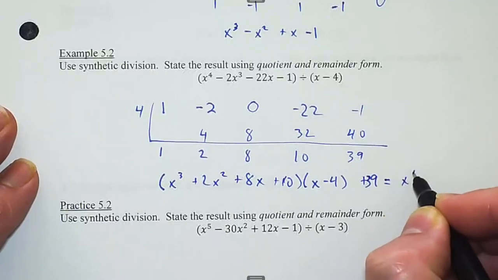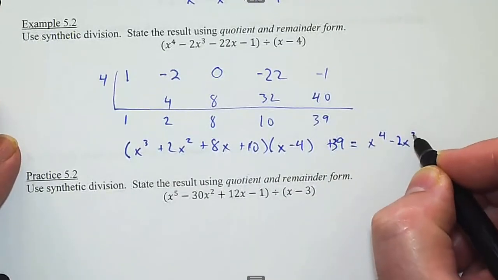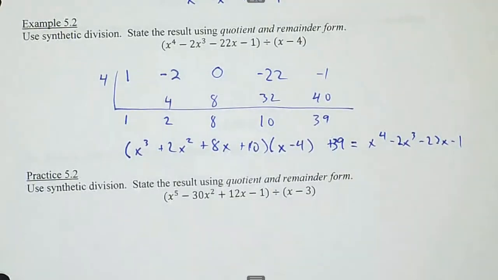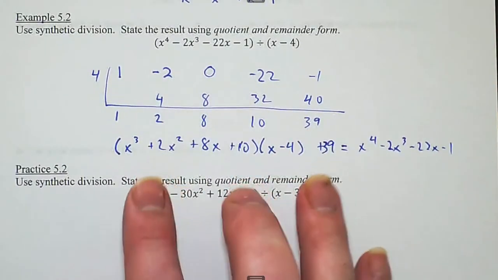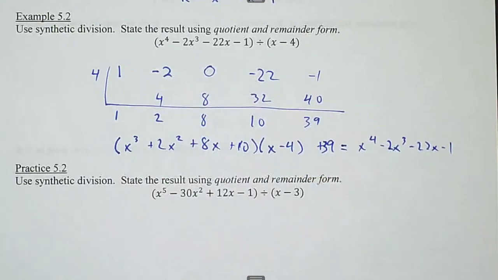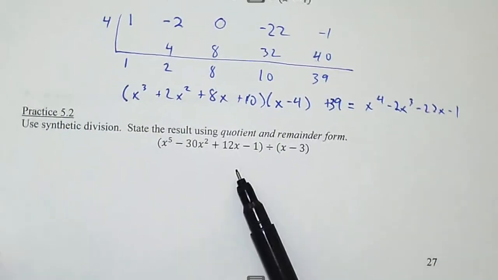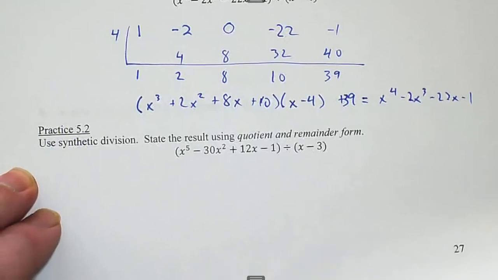That is what is equal to x to the fourth minus 2x cubed minus 22x minus 1. So that's an unusual way to say the answer to a division problem. Usually you would just say the quotient plus the remainder over the divisor, but I just want you to see that. So you have a practice problem here to do like that. I'm going to ask that you do that on your own, and we're going to move on to a different example.